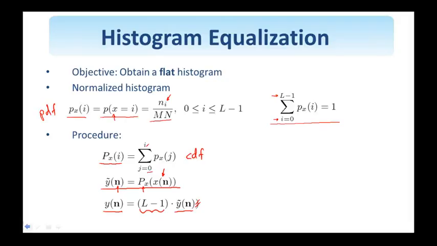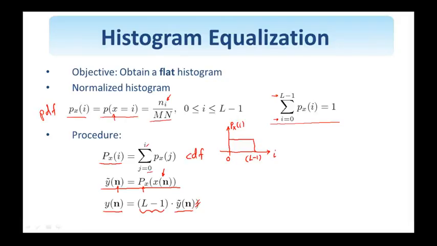Let's try to get some intuition of why this transformation will work out. So let's take the first case when the histogram of the image is indeed flat. So here are the intensity values ranging from 0 to L minus 1, and this is the probability of each intensity value i.